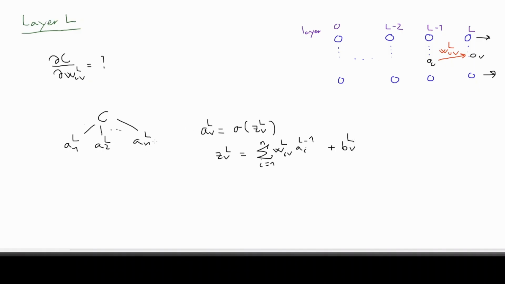So we see here that the activations are functions of weighted inputs, which means we can break this down further like this, where the activation at neuron 1 is a function of the weighted input at neuron 1. And the activation at neuron 2 is a function of the weighted input at neuron 2, and so on.